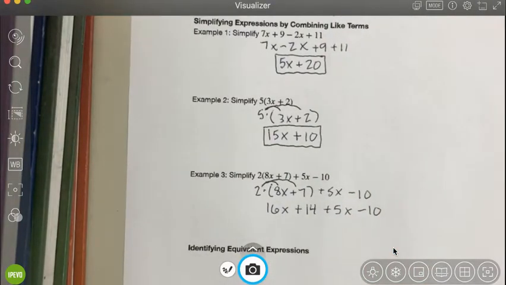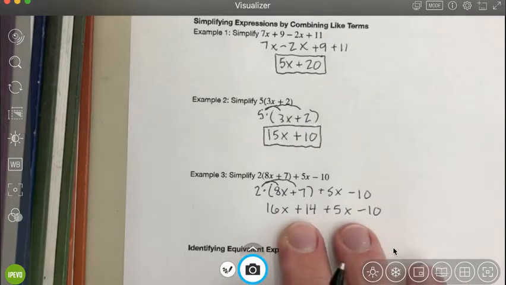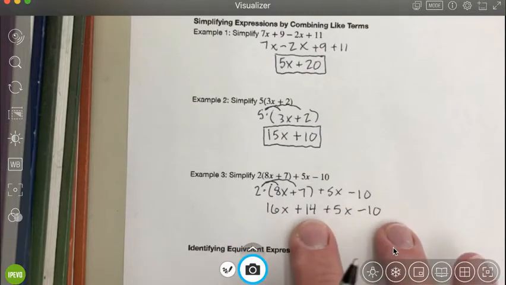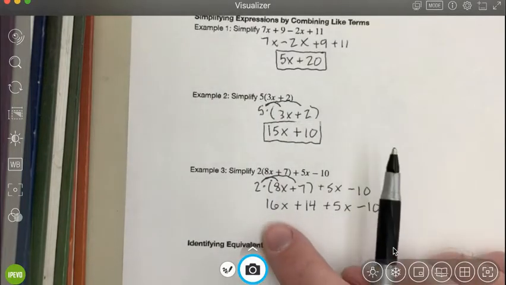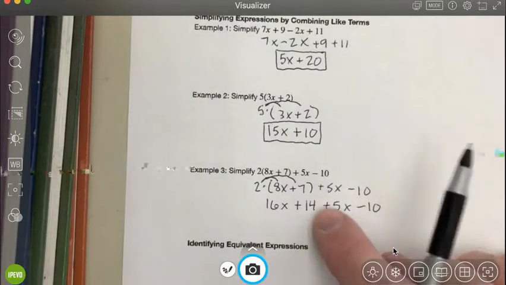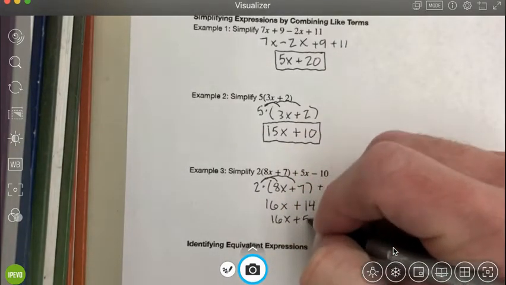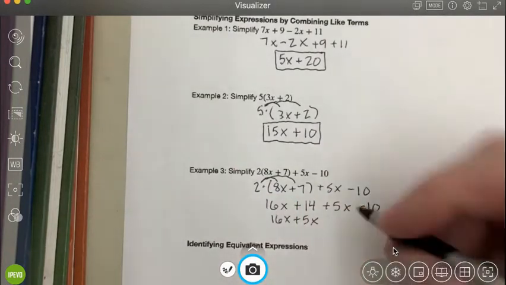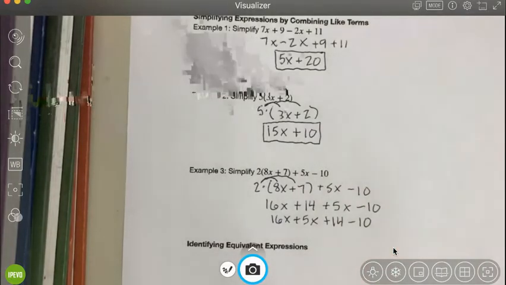All right. Well, unlike the last example, now I still have multiple terms that can be combined. So notice I have two terms with an x. I have two terms with no x. So once again, I'm going to rearrange a little bit. I see 16x and I see a plus 5x. And I see this plus 14 and this minus 10. So now I've got things together.